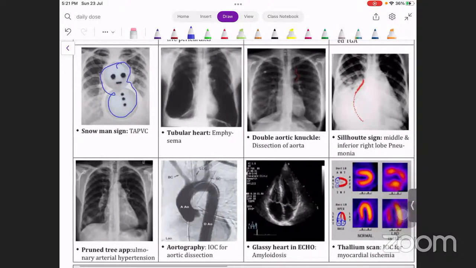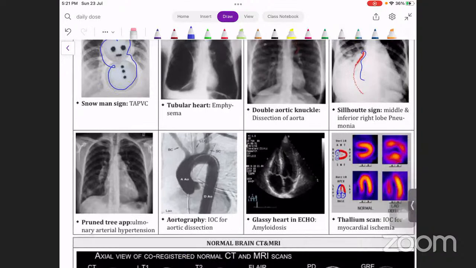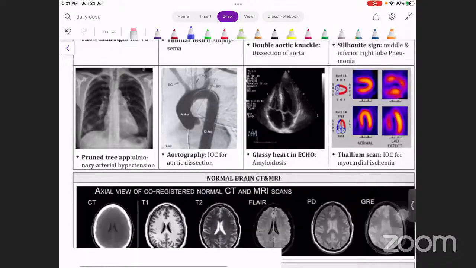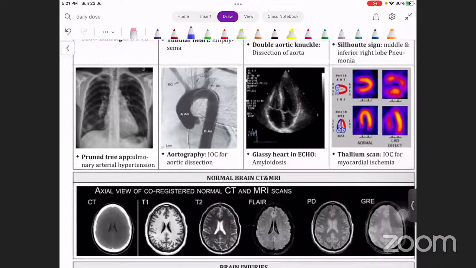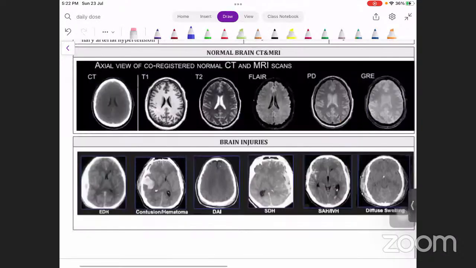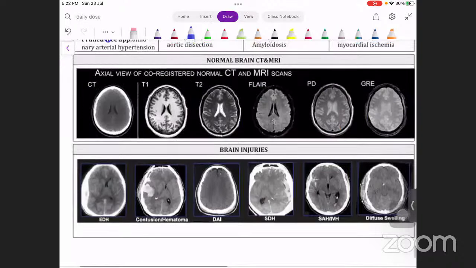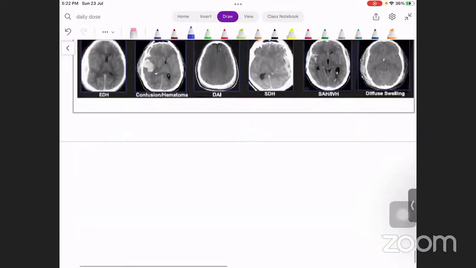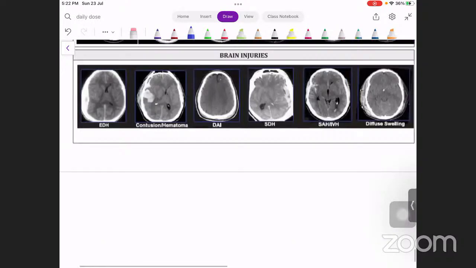And apart from that, silhouette sign, middle and inferior lobe pneumonia, and pruned tree appearance, you may see it in pulmonary arterial hypertension. And apart from that, bat wing appearance, you may see it in ARDS. And you may see the CT, actual normal CT, and brain injuries, EDH, SDH, all the things we have discussed in surgery.